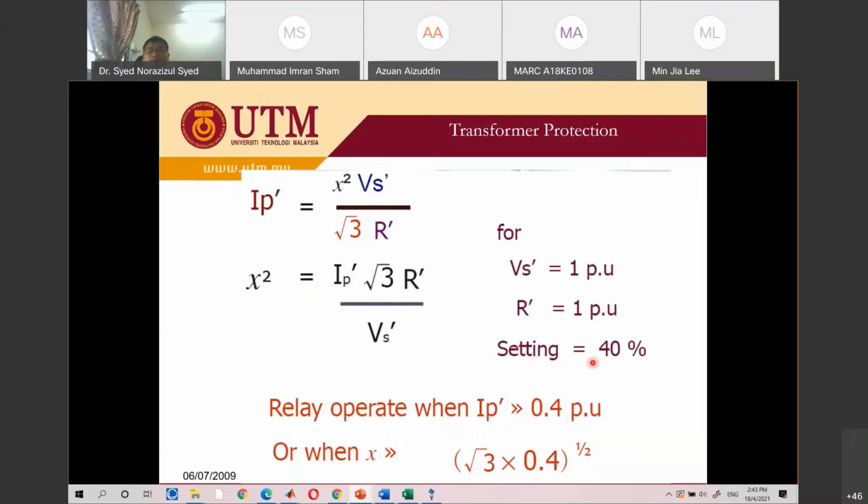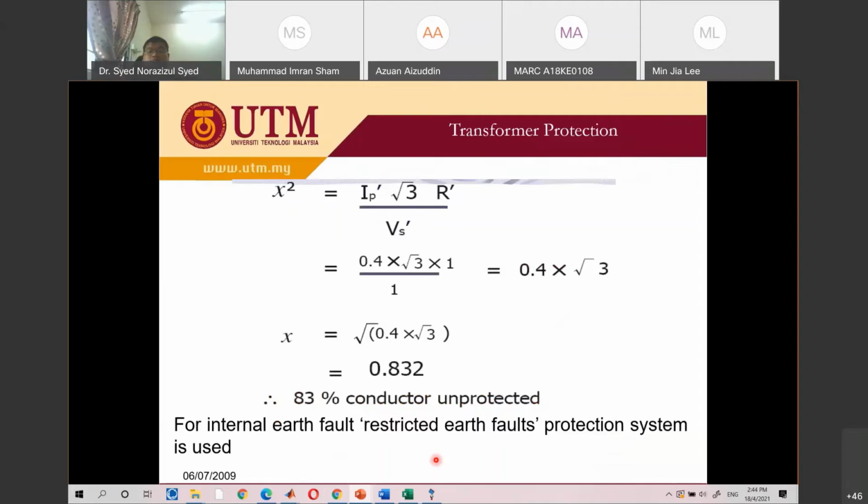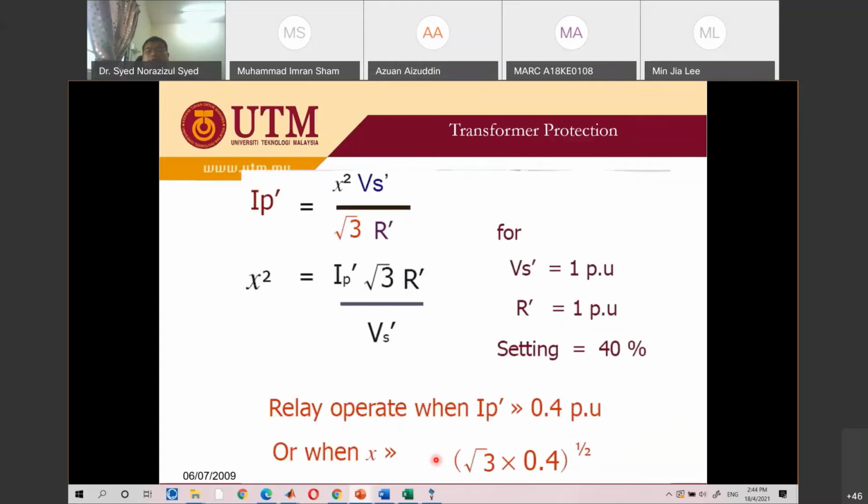So the setting is 40%. This is an example: the relay operates when IP prime is more than 0.4 per unit, or when x is more than 0.4 times 3, which is a third. In this example the current is 1 per unit and the resistance is 1 per unit, and the setting for our REF is 40%, 0.4.